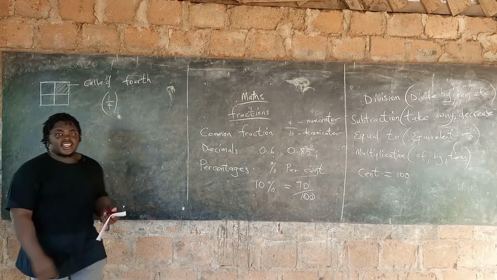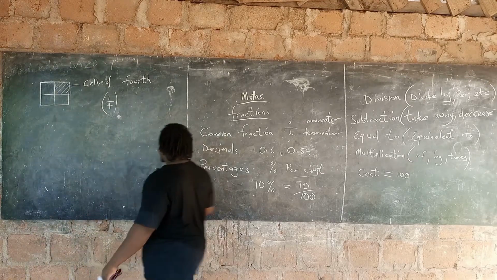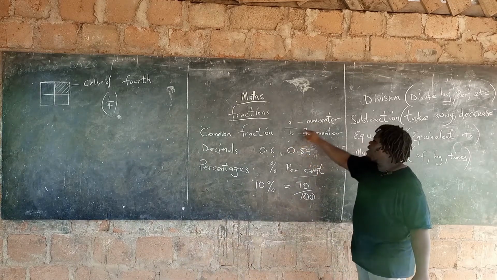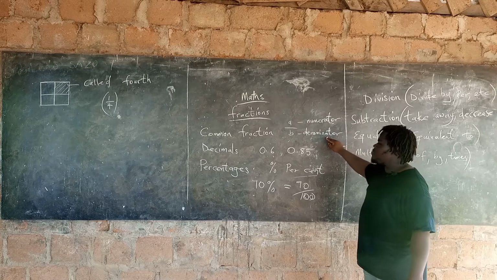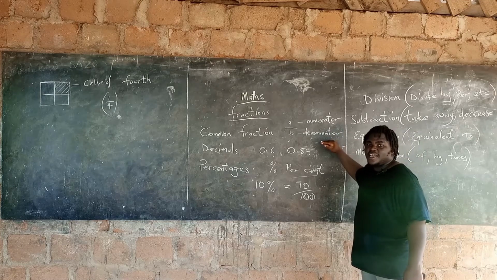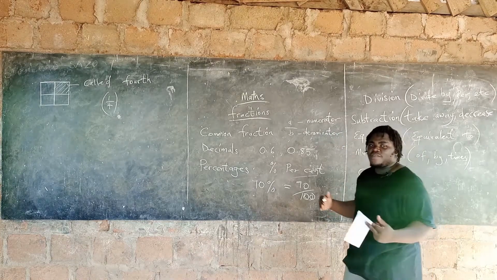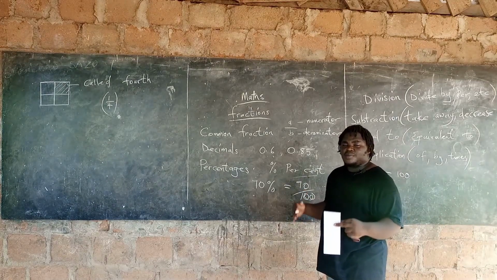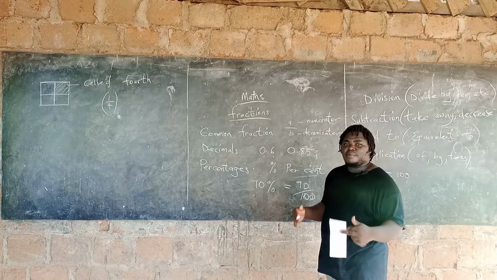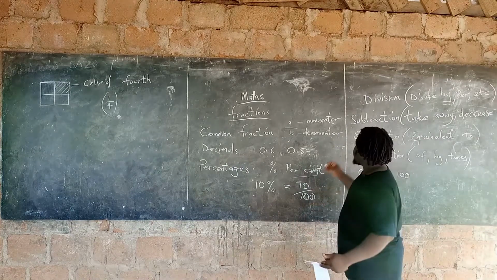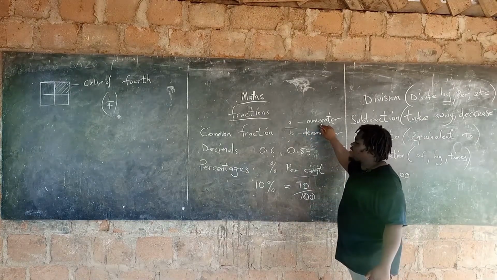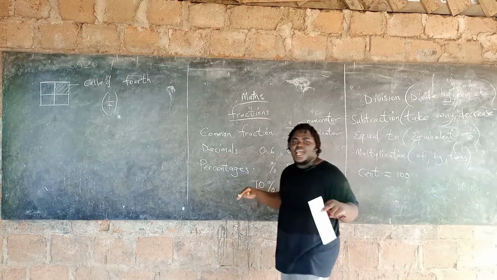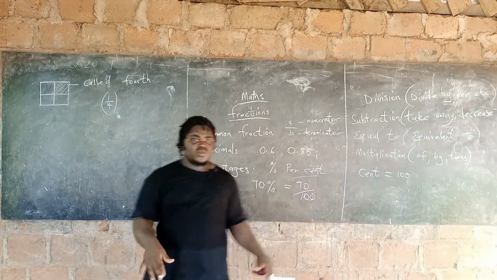So what is this telling us? It is telling us that whenever you see a fraction in this form, the denominator is showing us the number of equal parts that an object or an amount has been divided into. And then the numerator is telling us the number which we are dealing with.